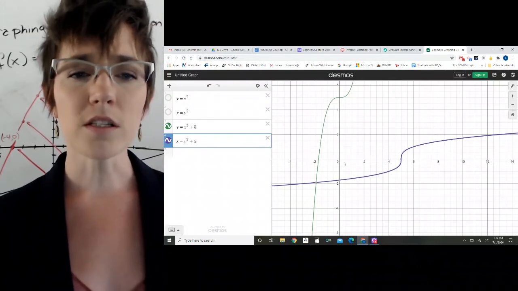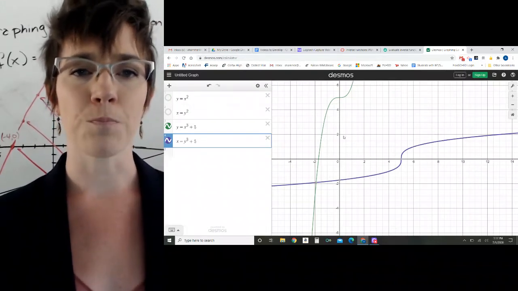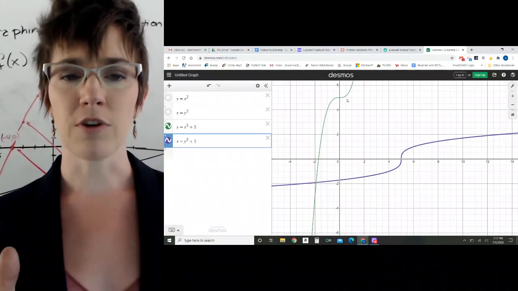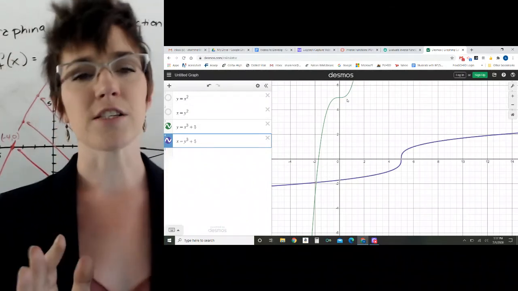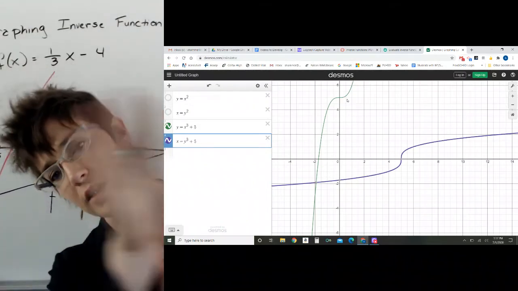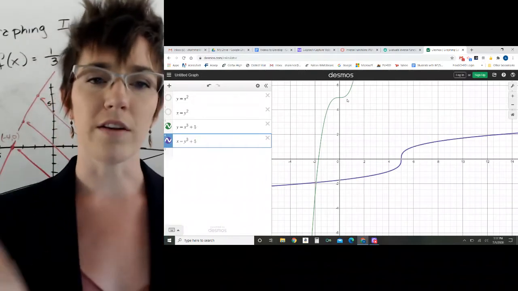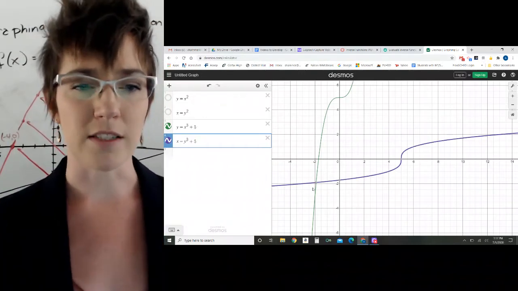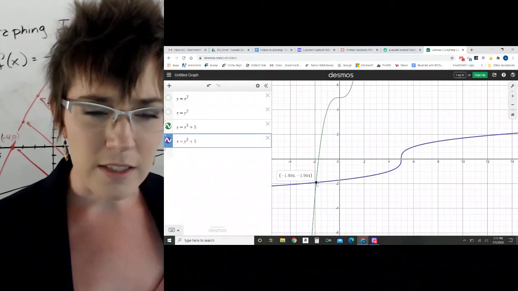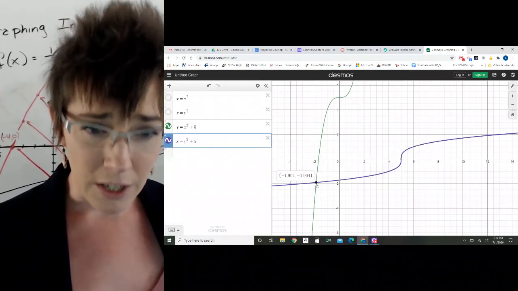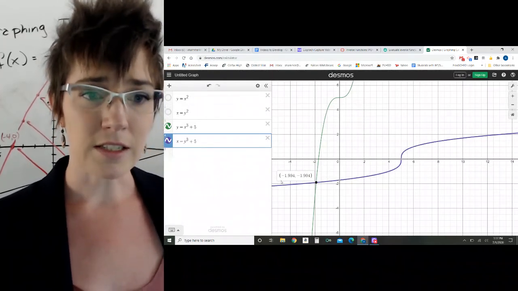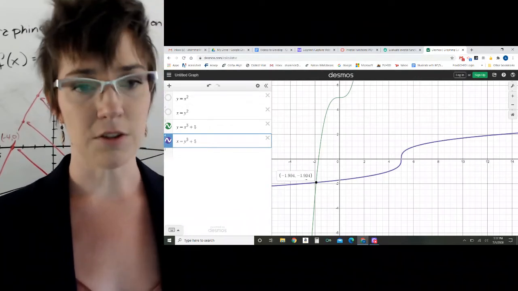But what I want to start noticing is how these graphs look kind of symmetric. If I turn my head sideways, it almost looks like a reflection, one of the other over these different spots. And let's notice a couple of cool things. This point right here is where the x and y values are equal to each other.